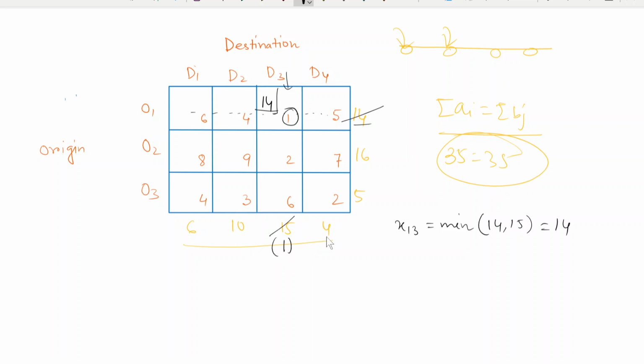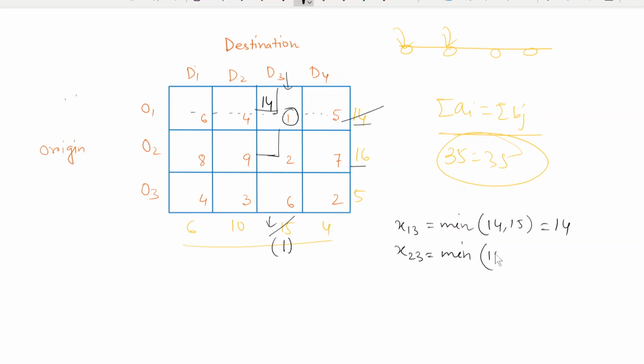Now we look for the second minimum most element in the matrix, that is, the minimum cost. So here, this is the second minimum cost, that is 2. So we allocate this cell, and this is the cell x23. So x23 equals the minimum of the total availability from origin O2, which is 16, and the unit demand for the destination D3, which is 1 unit.